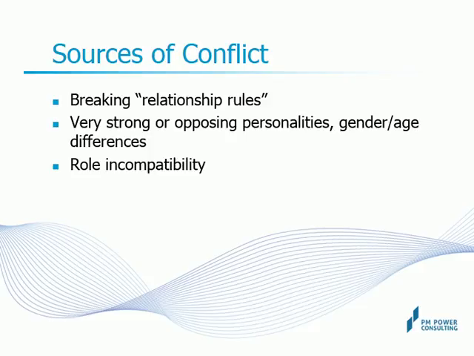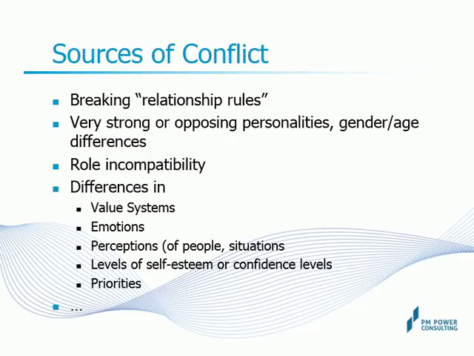Differences in value systems, emotions, perceptions, levels of self-esteem, and priorities can cause conflicts. I remember an example where the architect was stringent in adhering to the organization's technology standards, while the tech lead for the project wanted deviations from the standard because he believed in incorporating state-of-the-art technologies.